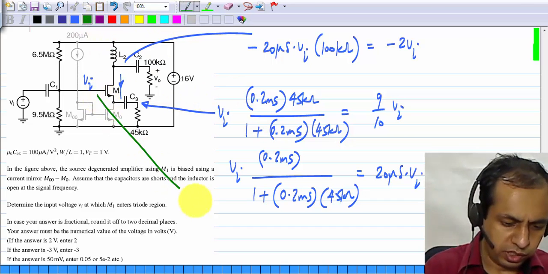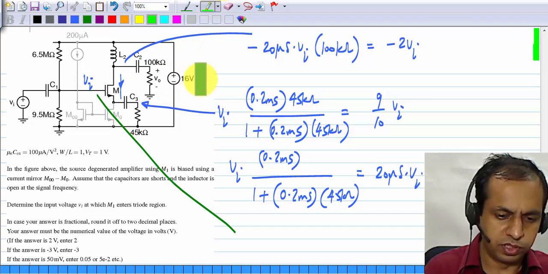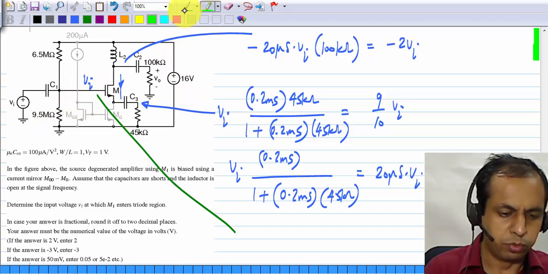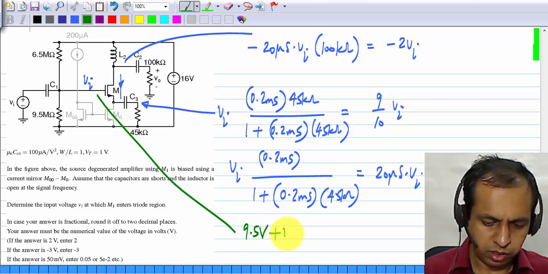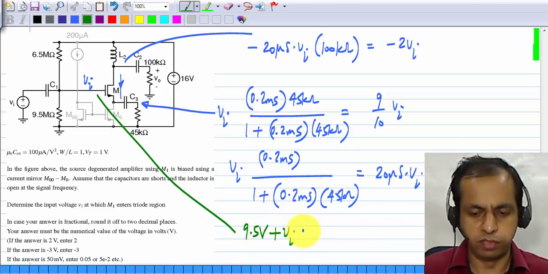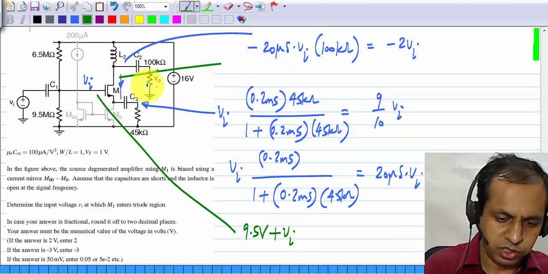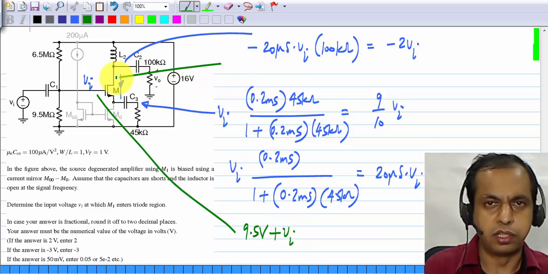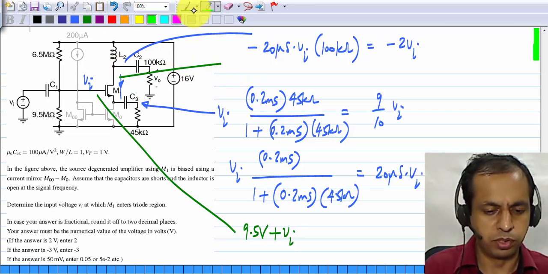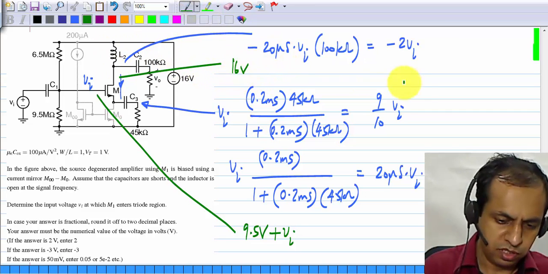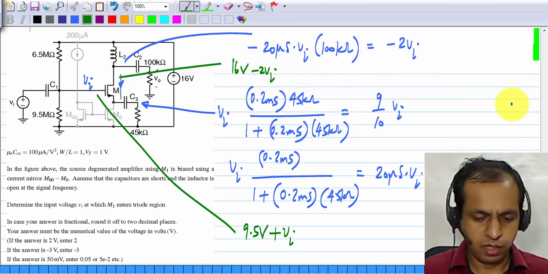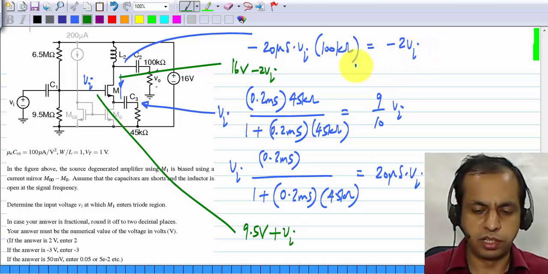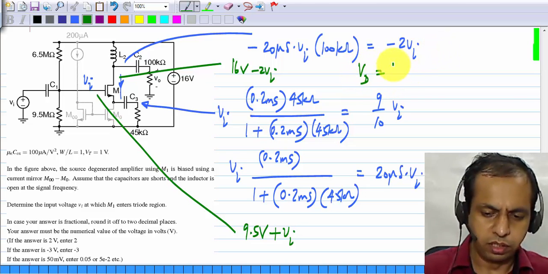The total voltage at the gate is the DC voltage, which you can easily see is 9.5 volts, and the total voltage includes the increment Vi. The operating point voltage at the drain is 16 volts because the inductor is a short, so the total is 16 volts minus 2 Vi. For M1 to just enter triode region, Vd must be equal to Vg minus Vt.